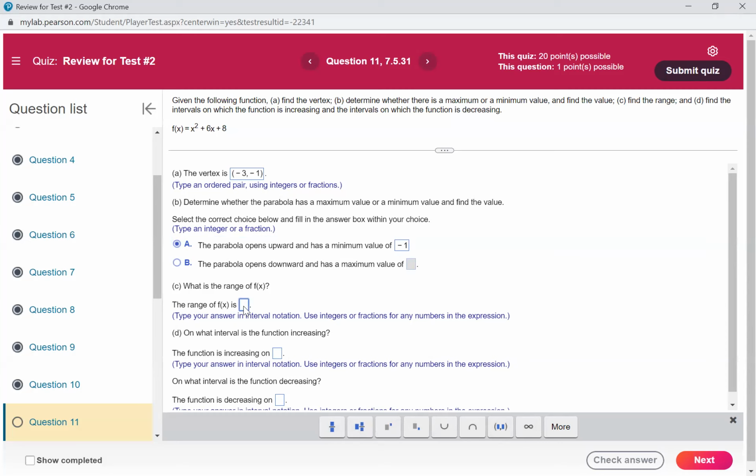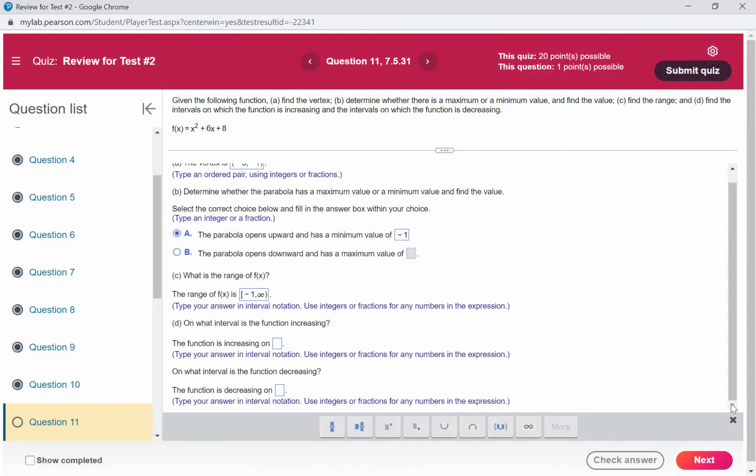For our range, you have to hit this bracket, and mine went from negative 1, comma, to infinity. And infinity always gets a curvy parenthesis. Then it says the function is increasing on, well, we said ours was increasing from negative 3 to positive infinity, and then close parenthesis.